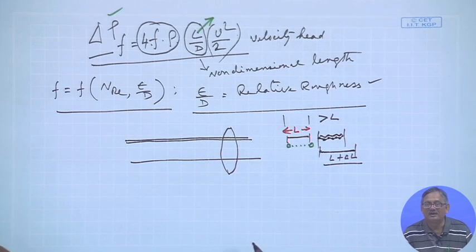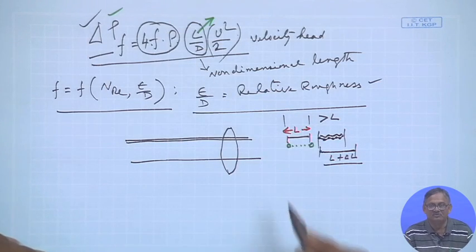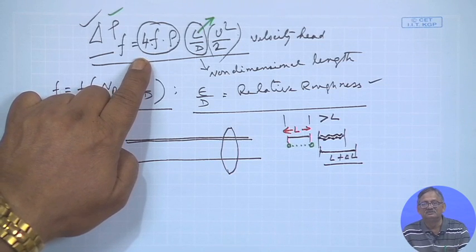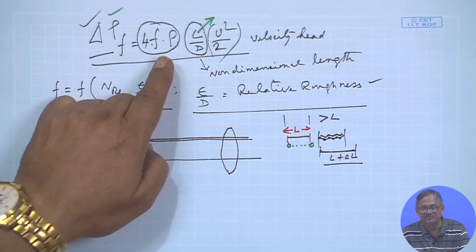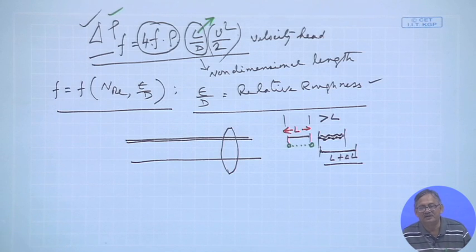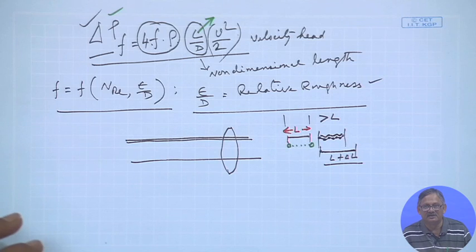So, our L calculation was not correct, for which the delta Pf which we had predicted through this relation of delta Pf and F will definitely be erroneous.